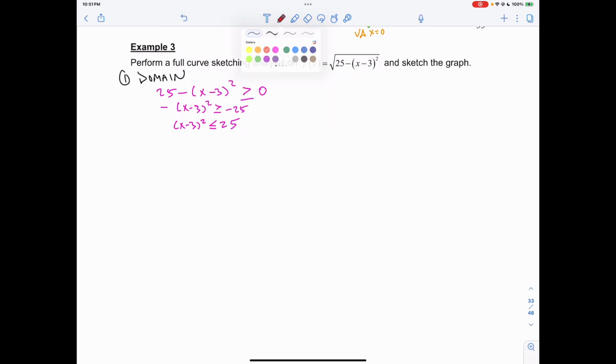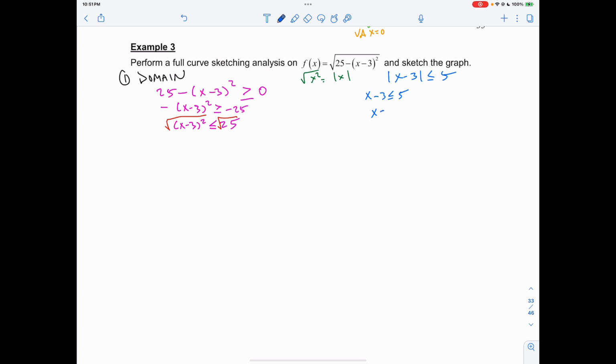When I square root here, remember the square root of something squared is just going to be the absolute value. So if I take the absolute value of x minus 3 is less than or equal to 5, then if x minus 3 is less than or equal to 5, x is less than or equal to 8.